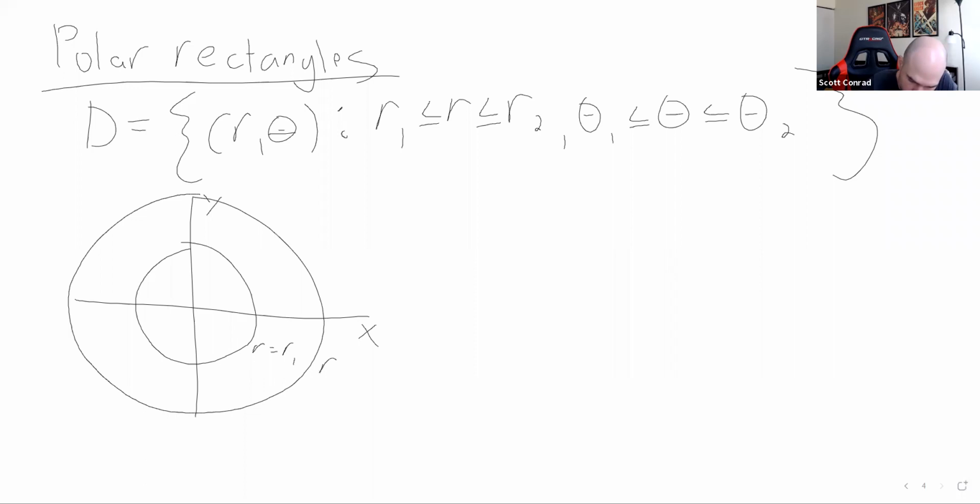So this is r equals r2. So we know the set of all points where r lies between r1 and r2 is going to lie between these two circles centered at the origin.